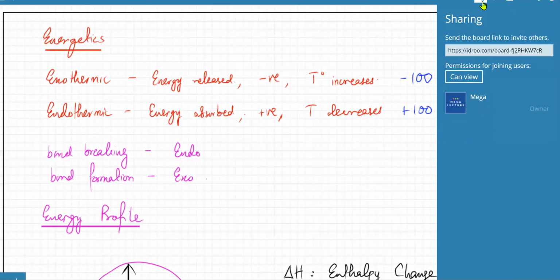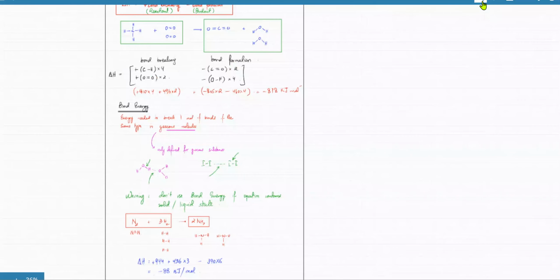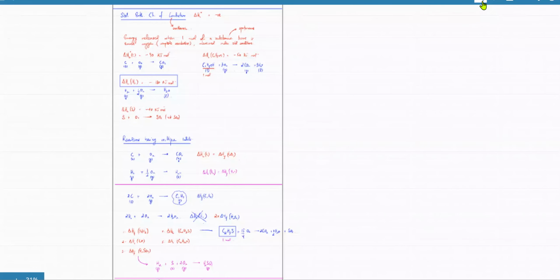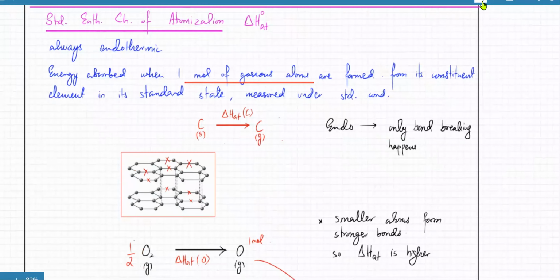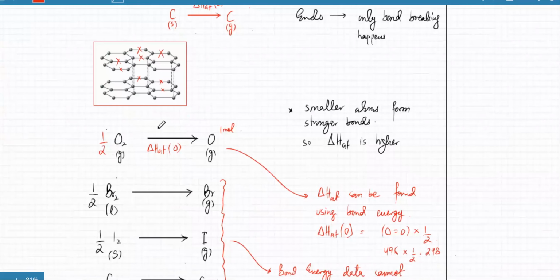I told you about atomization, that sometimes when you are talking about atomization, you can actually find the value in the data booklet. Where is atomization? This one. So I told you that in atomization, you're breaking the element into atoms, right? So carbon solid turning into carbon gaseous atom, oxygen molecules turning into oxygen gaseous atom, bromine, which is in liquid state at room temperature, turning into gaseous bromine atoms.